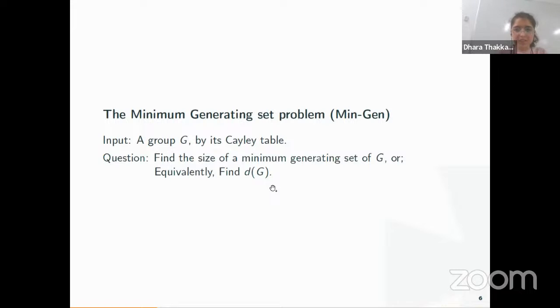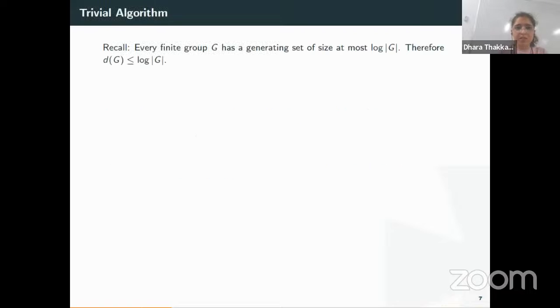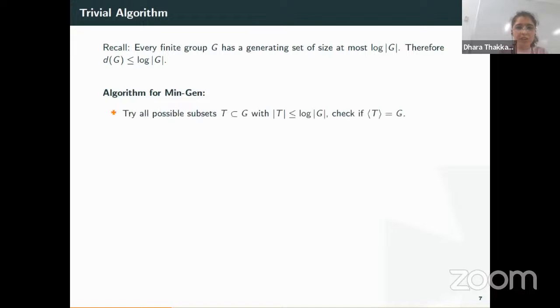So let us see a very brute force idea of how to solve this minimum generating set problem. We have seen that any group can have a generating set of size at most log |G|. So this fact can help us design a trivial algorithm. What we can do is collect all possible subsets of G whose size is at most log |G|, and check whether that subset T generates G or not.